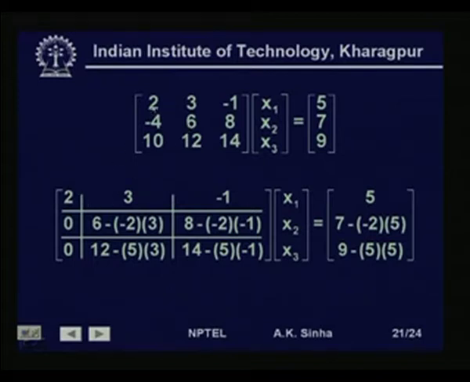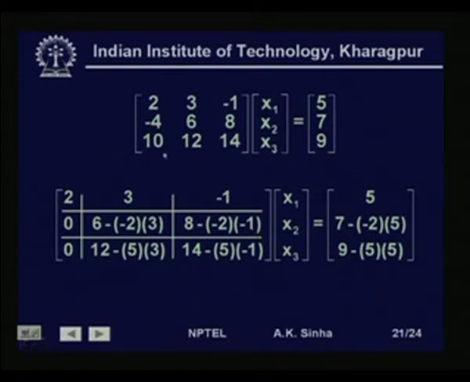Minus 2 into 2 is minus 4, so when we subtract it from minus 4 we get 0. Then here we have 6 minus 2 multiplied by 3, and here we will have 8 minus 2 multiplied by minus 1. So, this is the value that we will get.